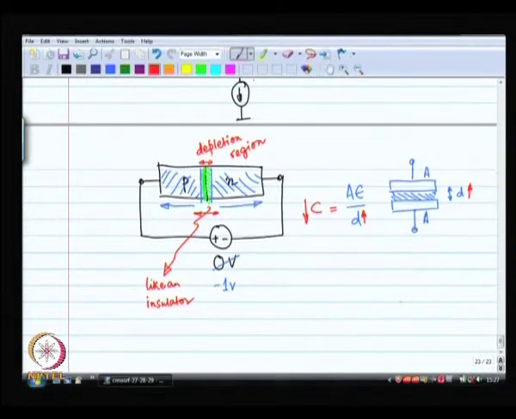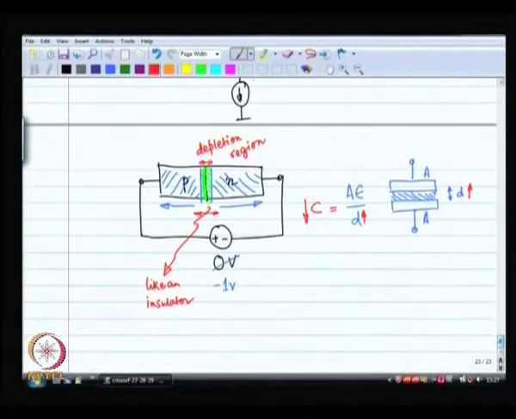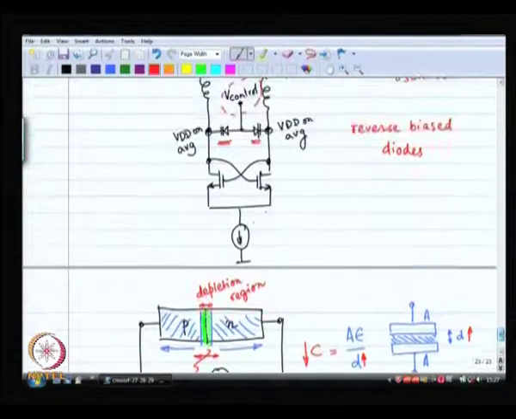Agreed? So, there you are. We have got a capacitor that is a function of voltage. The capacitance is a function of how much you have reverse biased that particular junction.